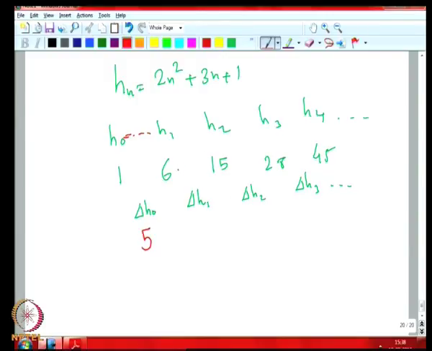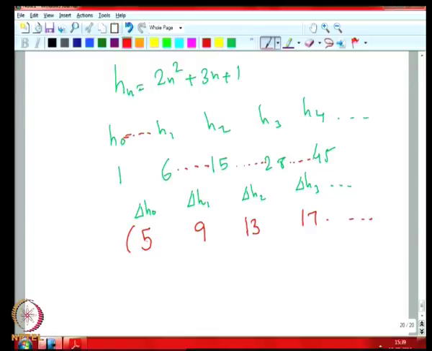Delta H1 is the difference here, that is 9, and delta H2 is 15 minus 2, so 13, and this is 45 minus 28, namely 17.